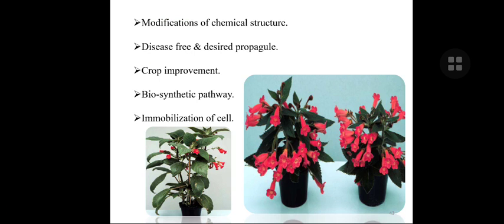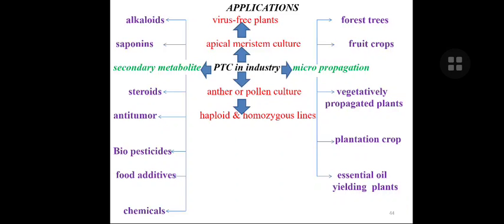Crop improvement, biosynthetic pathway of these secondary metabolites can be achieved, like natural products from plants can be obtained by this tissue culture. Then immobilization of the cell can be done. So these are the main applications, like we can make virus free plants, apical meristem culture through plant tissue culture.